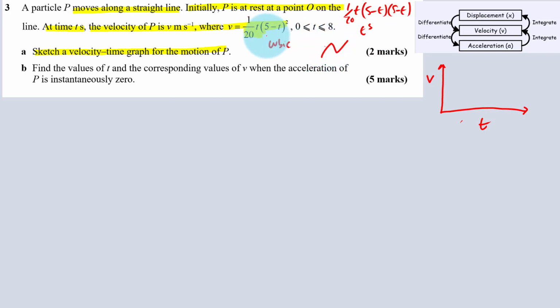Now this is all the incomplete square form, so we can see t equals 5 is when v equals 0, and t equals 0 here, t equals 0, and v equals 0. So let's just do 0.5 seconds at 0. So we just know a sketch like this will be fine. Okay? And that's an easy 2 marks out of 2.